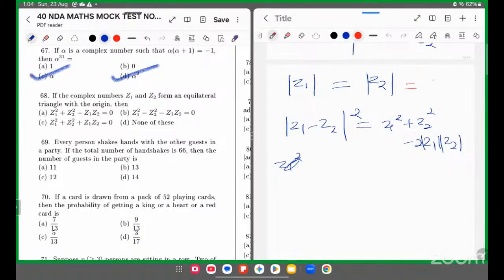If it has some value R, so R square plus R square minus R square. So the answer will be option B, Z1 square plus Z2 square.